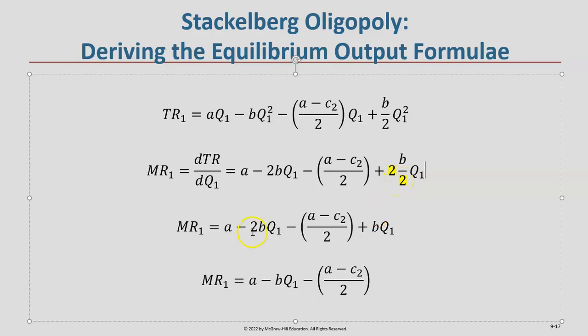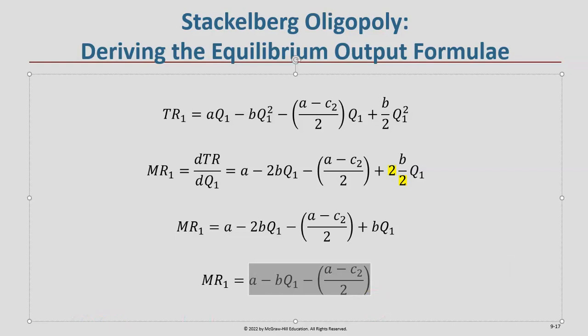So marginal revenue is equal to A minus 2B times Q1 minus this term in parentheses plus B times Q1. Minus 2B Q1 plus B Q1 leaves us with minus B times Q1. So we can combine those terms, and so the marginal revenue is equal to this on the right-hand side of the last line of equations.